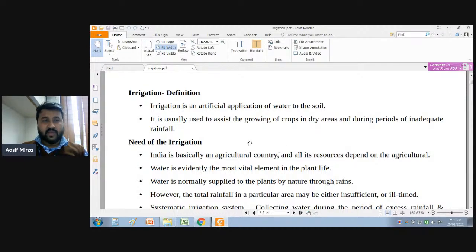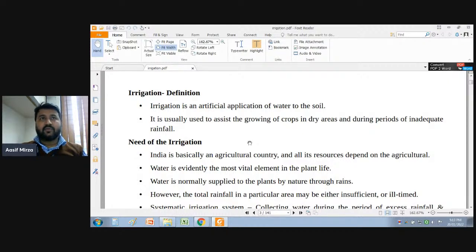Okay, so let's begin with the definition of irrigation. Irrigation is an artificial application of water to the soil. For the growth of the crops, we require water, and we cannot totally rely on the rainfall, because rainfall has a particular season of 4 months only, but we have to grow the crops for the entire year, all 12 months.